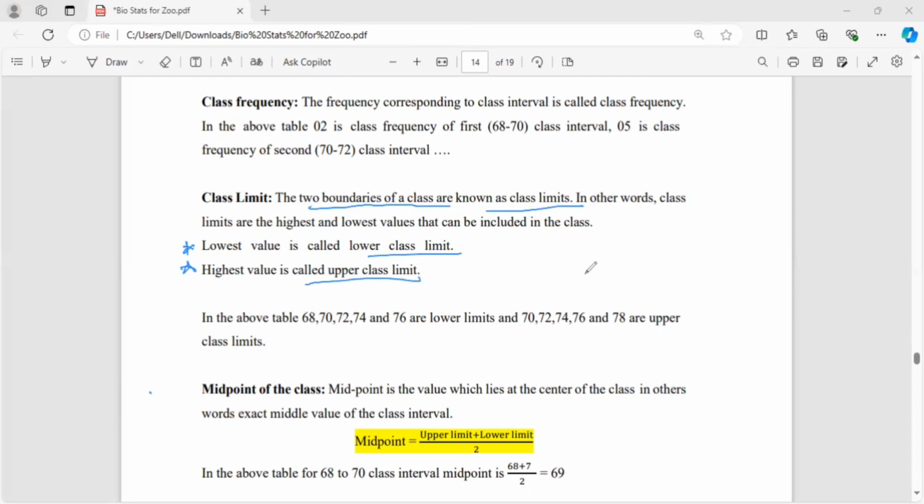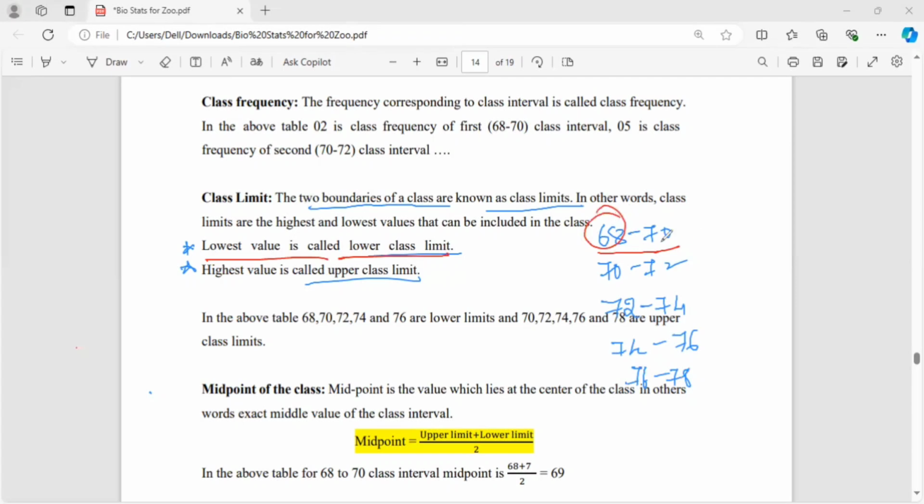See here, in that table, we have the first one 68 to 70, next one 70 to 72, next one 72 to 74, 74 to 76, and likewise 76 to 78, the last one. The two boundaries of a class interval are called class limits. The lower value is called the lower limit.